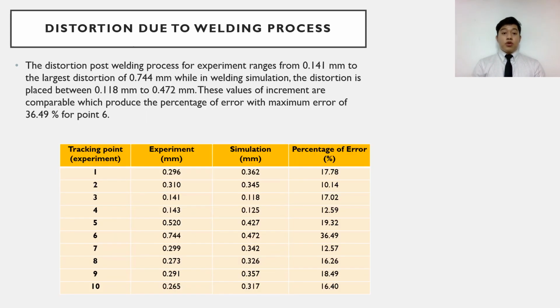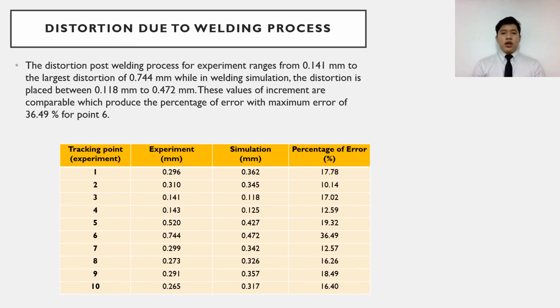The distortion post-welding for the experiment ranges from 0.141 mm to 0.744 mm, while in the welding simulation, the distortion is between 0.118 mm to 0.472 mm.